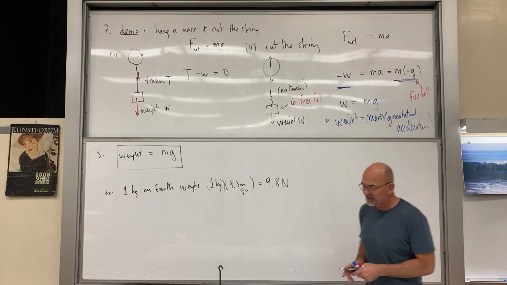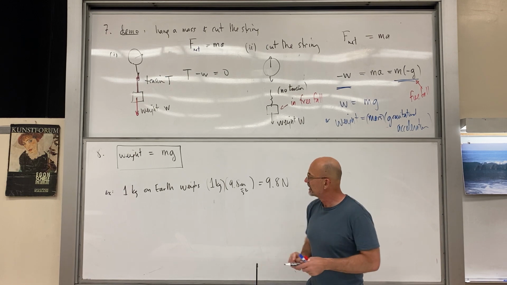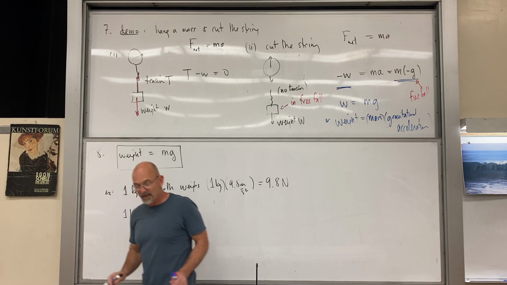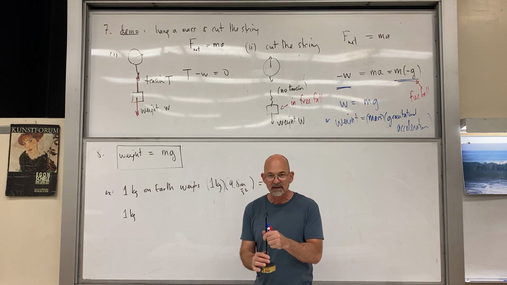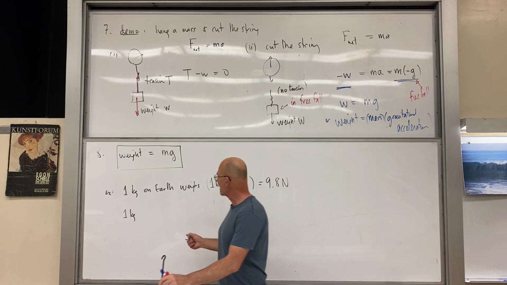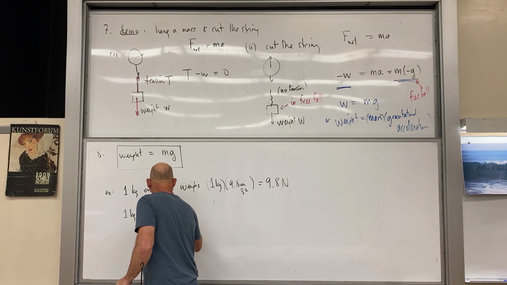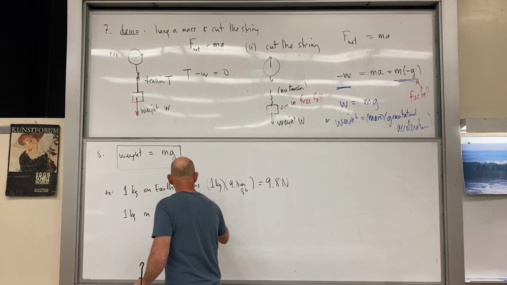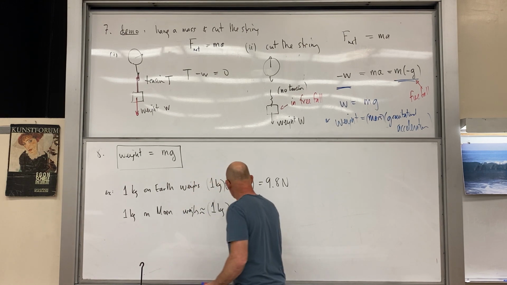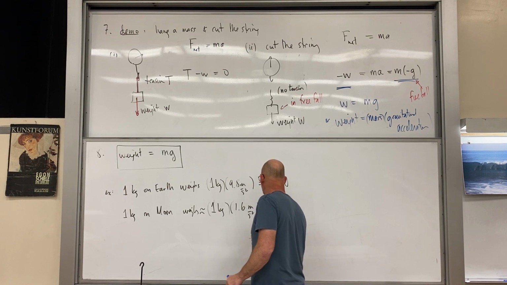But what if you take this same weight up to the moon? Up on the moon, 1 kilogram, and it's the same thing. It's a hard chunk of metal. It could do whatever damage a piece of metal can do. Nonetheless, 1 kilogram on the moon weighs 1 kilogram times approximately 1.6 meters per second squared.